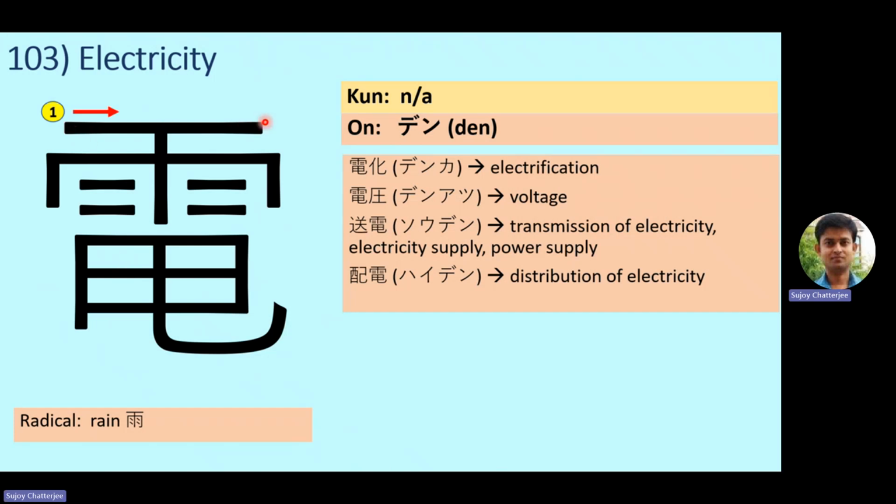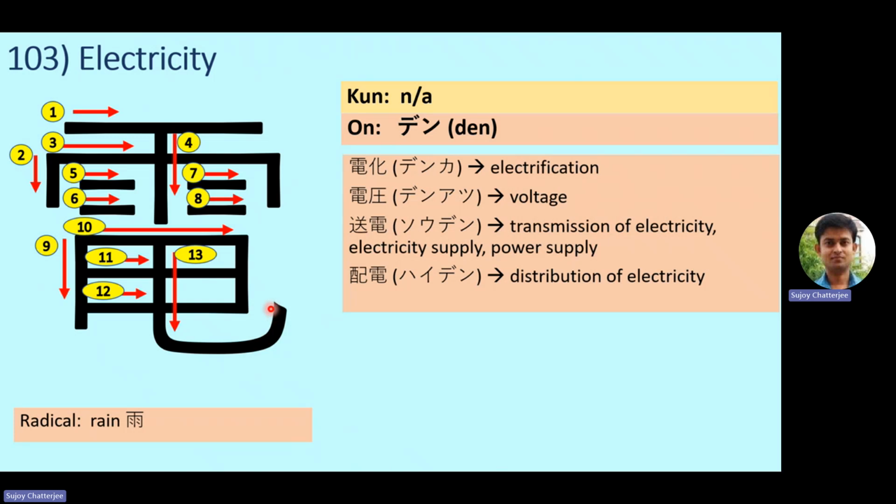The first stroke, the second stroke, the third stroke, the fourth stroke, fifth, sixth, seventh, eighth. So this completes the upper portion of this character. Then the lower portion, this is the ninth stroke. This is the 10th stroke up till here, 11th stroke, 12th stroke, and finally the 13th stroke.